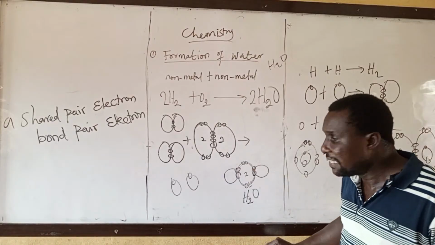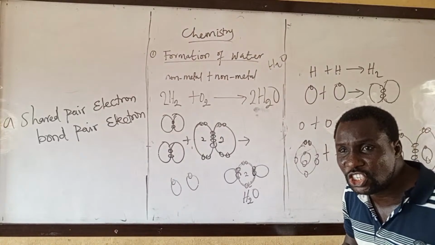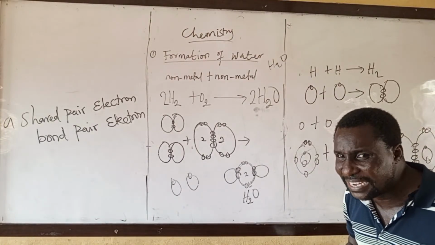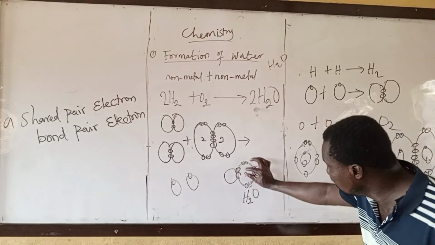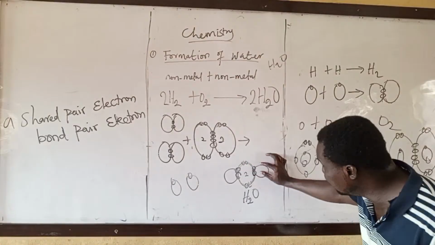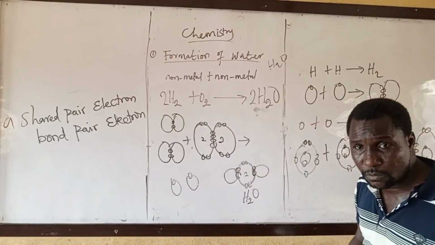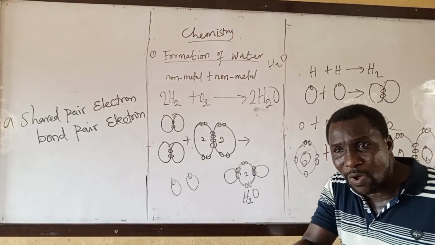That means in this water, how many shared pair electrons do we have? I didn't say how many shared electrons. This is a shared pair electron, and this is another shared pair electron. How many shared pair electrons do we have? Two. But how many electrons are shared in a water molecule?